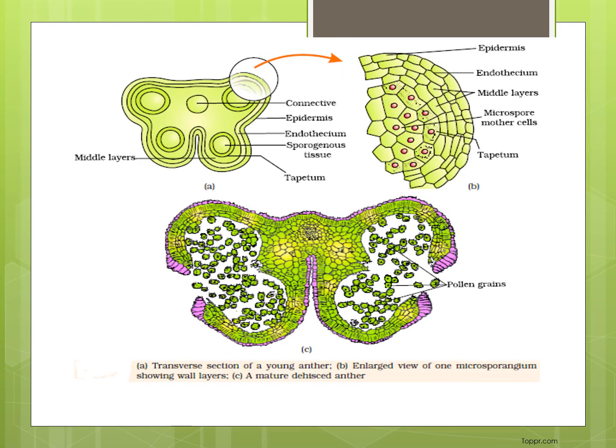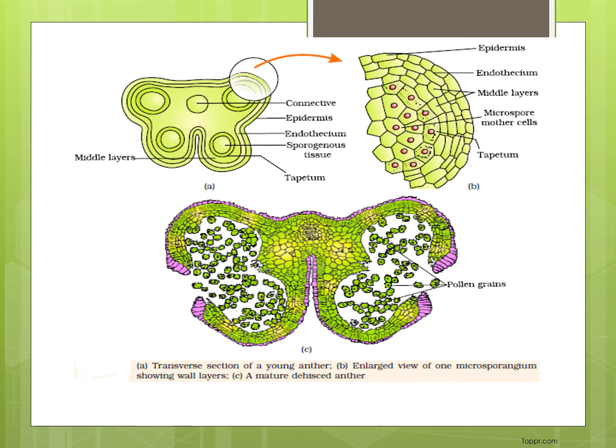In this slide, we see a transverse section of a young anther. A young anther has connective tissue, epidermis, endothecium, sporogenous tissue. And in diagram B, there is an enlarged view of one microsporangium showing wall layers.